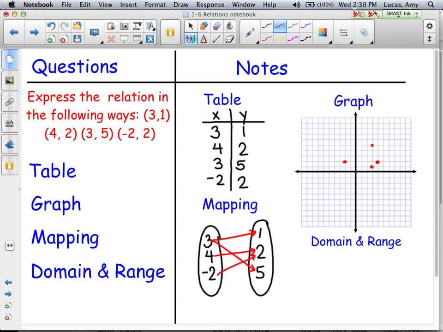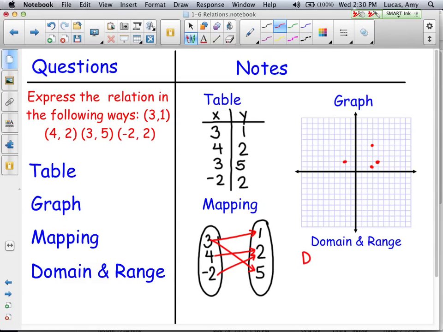So you see that I've got 4 arrows representing my 4 ordered pairs. Now the importance in this mapping is that it explains to us the relationship between those values, and we'll be talking about functions coming up, and the way the arrows are drawn plays a role in determining if a relation is a function.